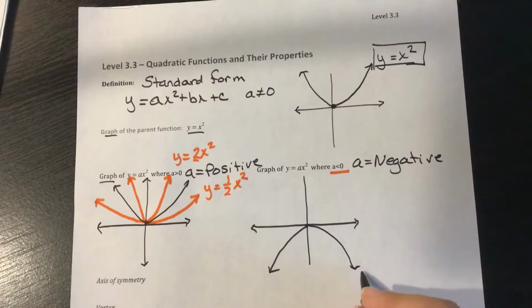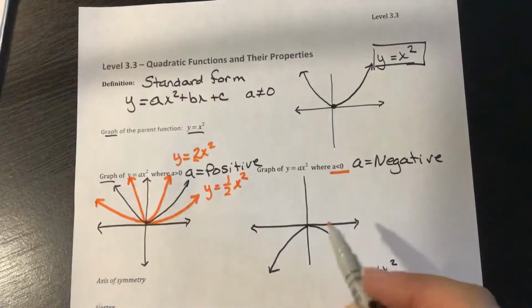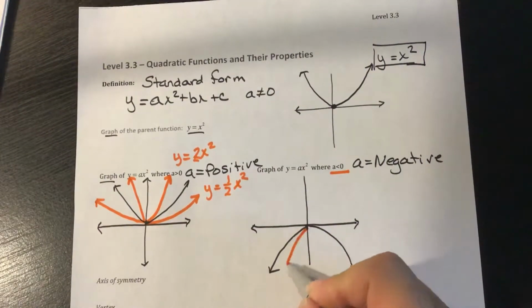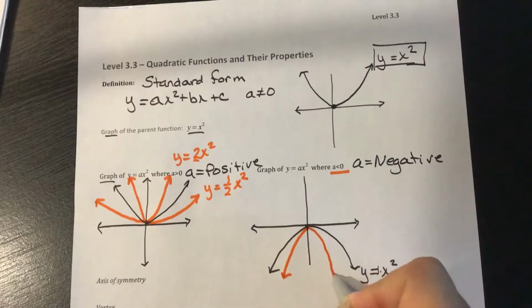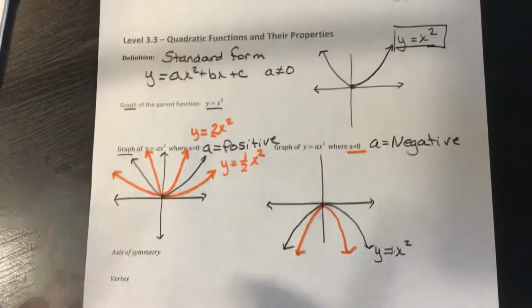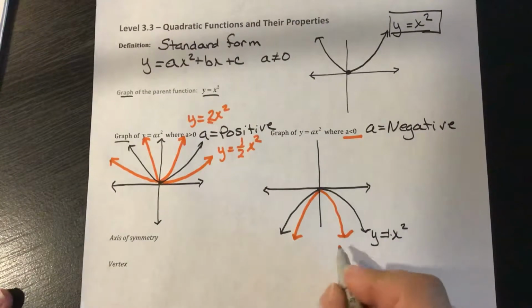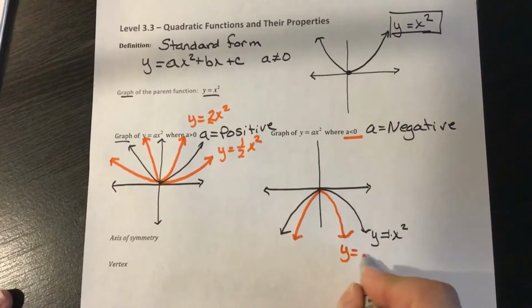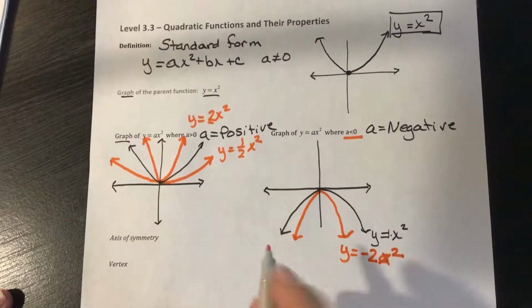So this is the equation y equals x squared, where here a is 1 times x squared. And if I multiply my a by 2, it's going to get skinnier as it points downward. So I can say that this is y equals negative 2x squared.